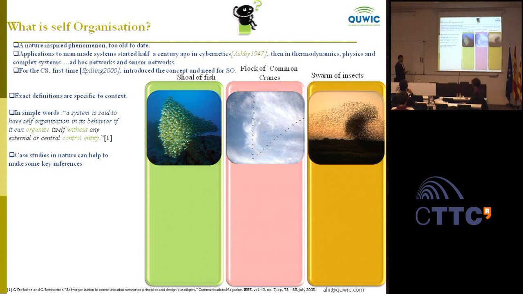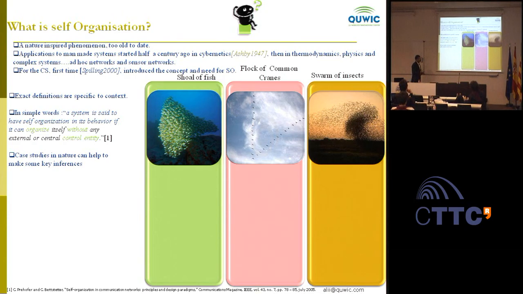If somebody doesn't know, I can explain a little bit here. For example, a shoal of fish. You can call it a school of fish. This shoaling behavior of fish is an interesting self-organizing phenomenon. And in the same way, you often see flocks of common cranes flying in the sky, and they also exhibit self-organizing behavior.